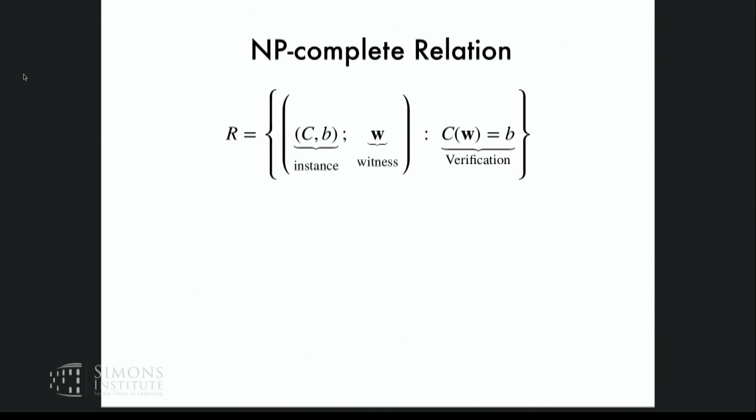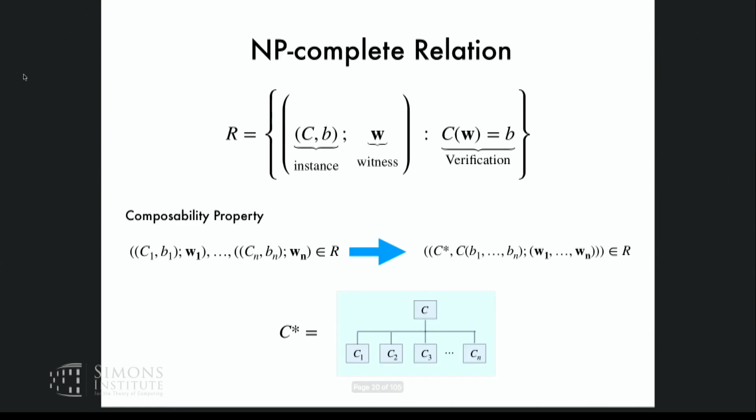And as you can see, this captures NP-complete languages. The reason why we consider this relation is because it has a natural composability property. If you combine many instances in the language corresponding to this relation, then you will end up with an instance that also belongs to the language.